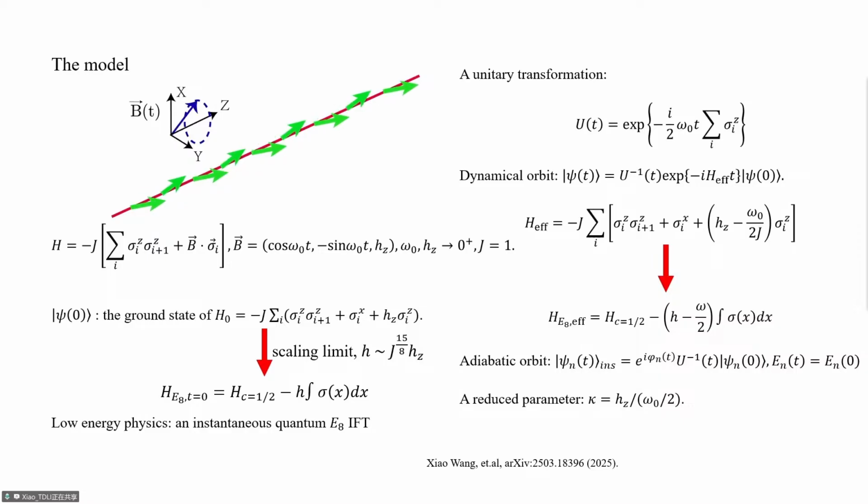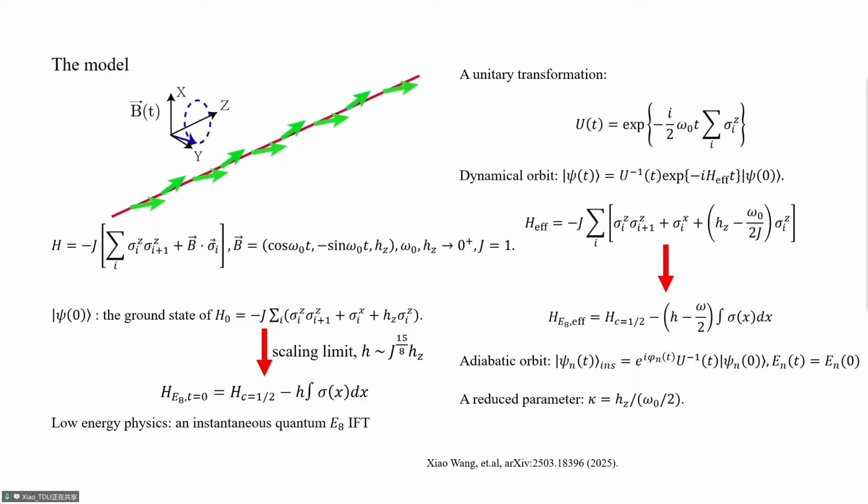This correspondence is exact. And once hz is not equal to omega 0 over 2, then this is another effective Hamiltonian. And if hz is equal to omega 0 over 2, then this is just a critical transverse field Ising chain. So we can consider making this rotating transverse field in the xy plane.